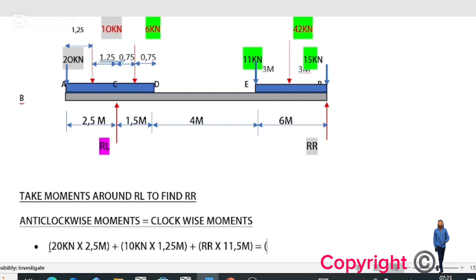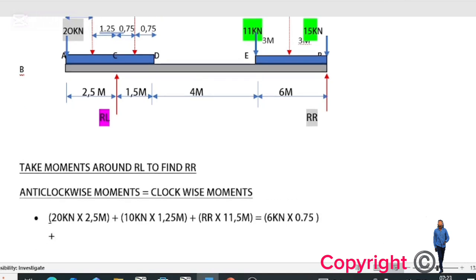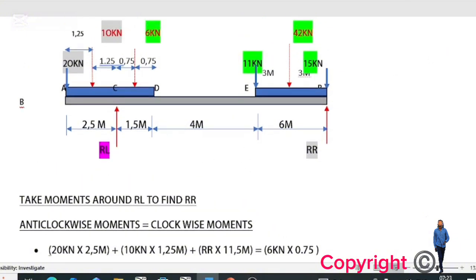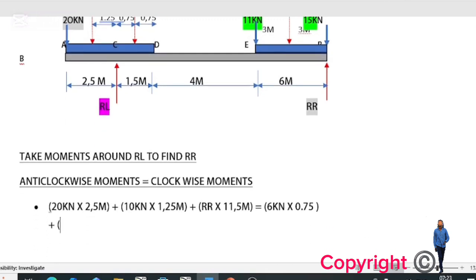Clockwise moments will be 6 kilonewton multiplied by the distance, which is 0,75, plus this one, 6 kilonewton, then plus 11 kilonewton multiplied by the distance.